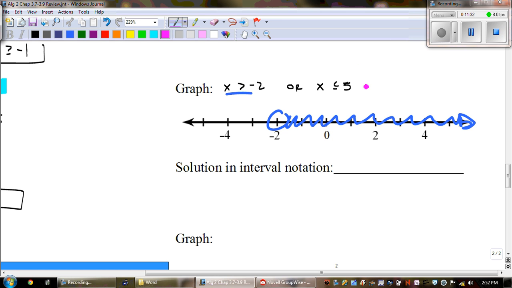And then at 5, I'm closed, but then I shade everything to the left. So as we go through that, we end up seeing that the entire graph is shaded. So as we're writing that in interval notation, it starts at negative infinity, and then the graph goes to positive infinity.